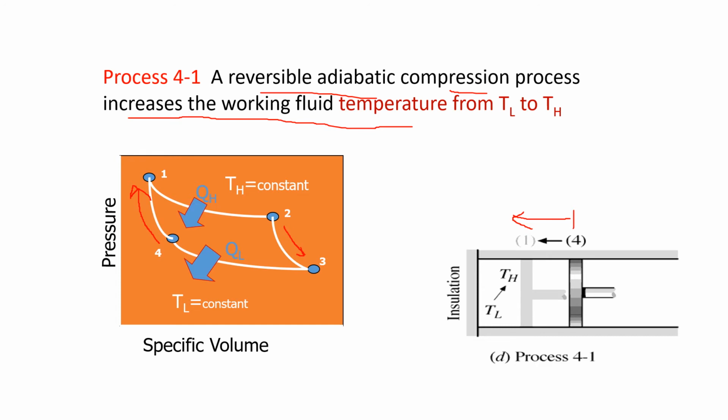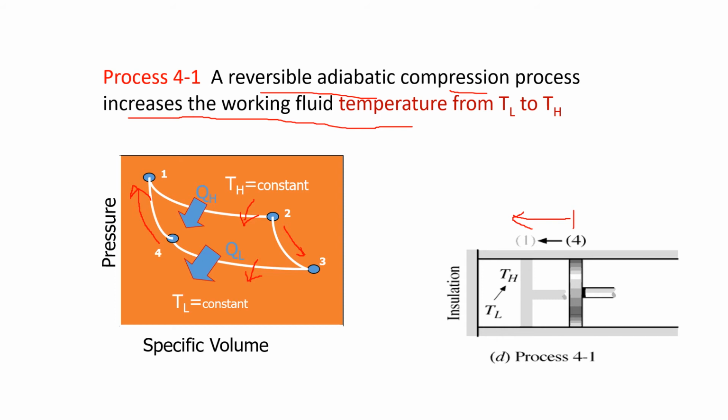At the heat in and heat out, the pressure and the temperature are constant. So this is a cycle, and the cycle is from 1 to 2, 2 to 3, 3 to 4, and back to 1. So it is reversible.